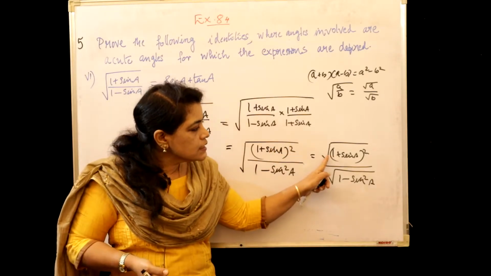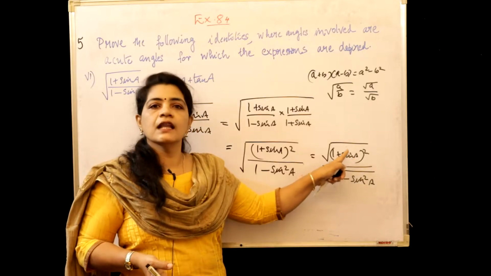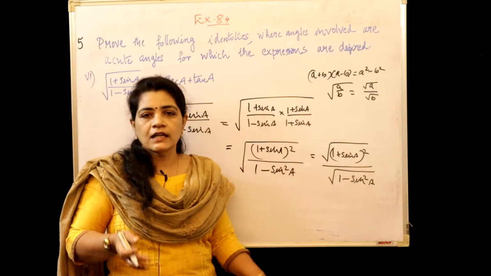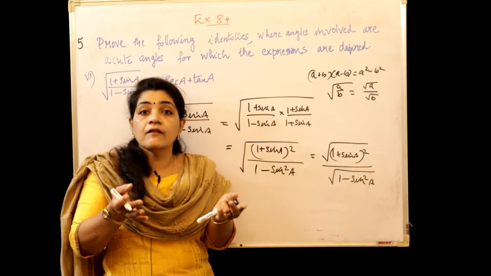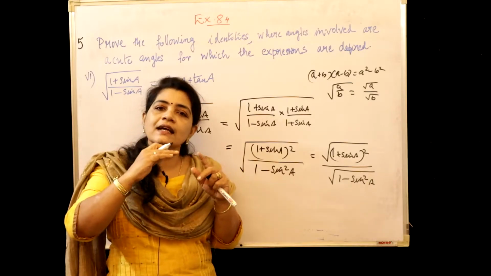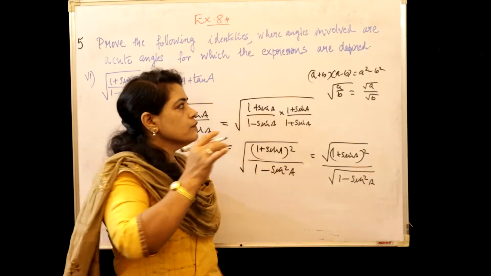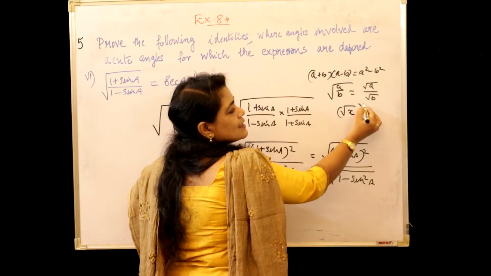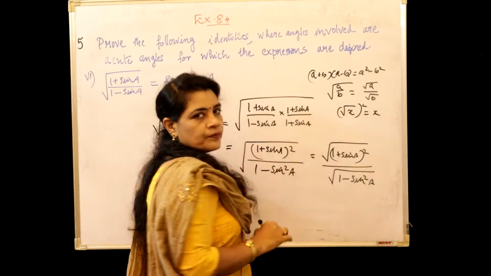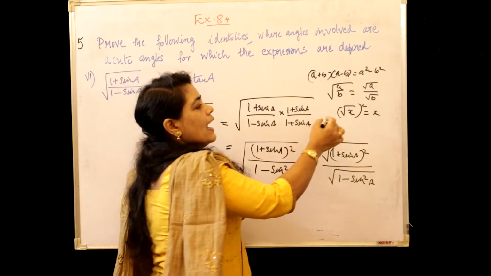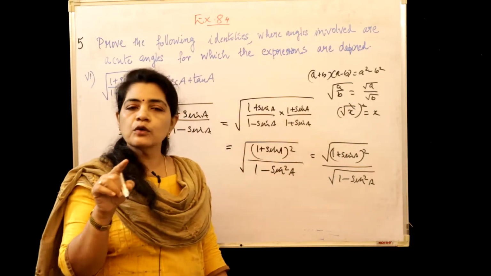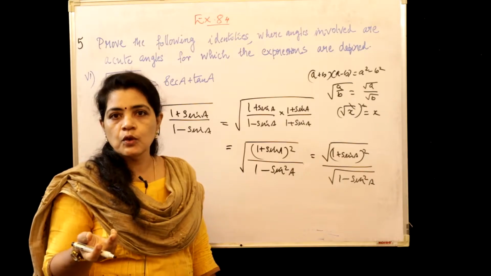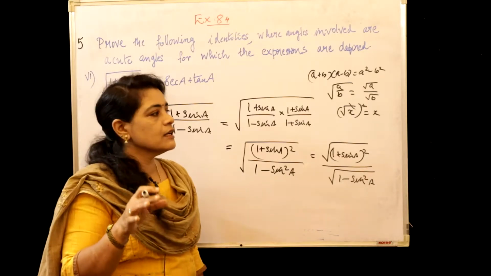Now see, children, root of (1 plus sin a) whole square. The numerator has a square, and that comes under the square root. We know that root of x whole square is equal to x itself. The square root of x is x raised to 1 by 2, and the square gets cancelled, that means x.